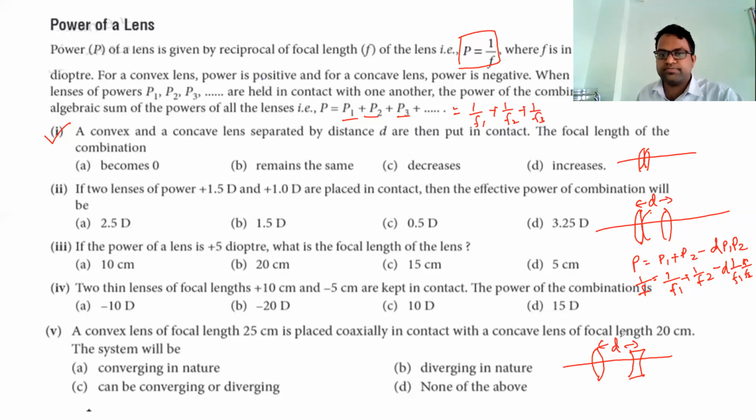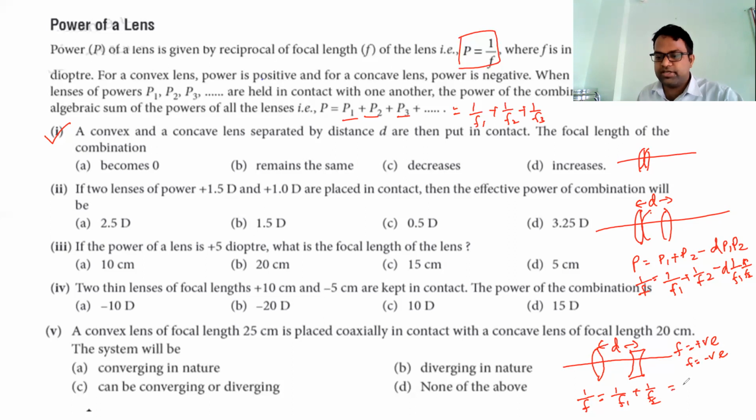We know that 1 by f, the combination focal length, will be equal to 1 by f1 plus 1 by f2. Now you see the focal length for a convex lens is positive, as you remember, and for a concave lens the focal length is negative.